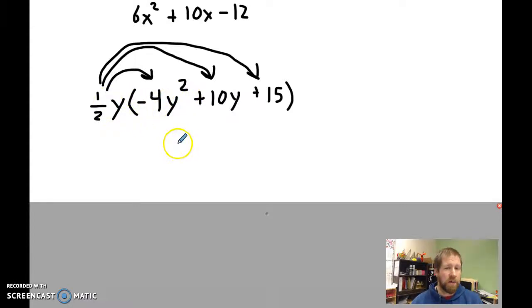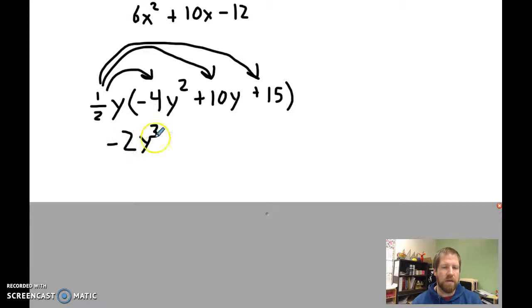Just like when we multiplied two monomials together, you multiply the numbers, the factors that are similar by each other, and then you can deal with your variables. So 1/2 times negative 4 is going to be negative 2. Y times y squared is going to be y to the third.